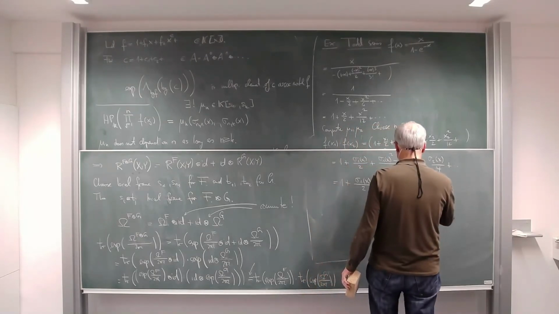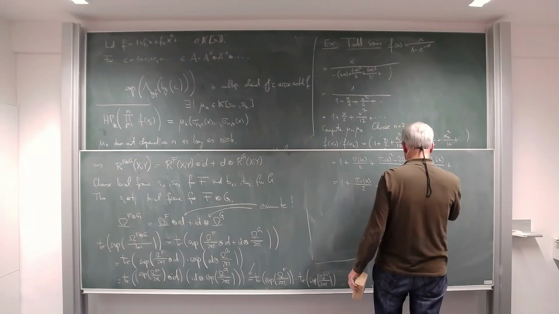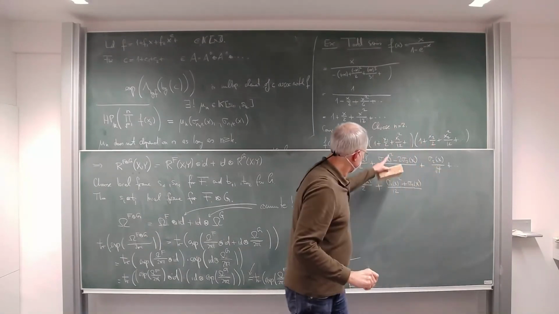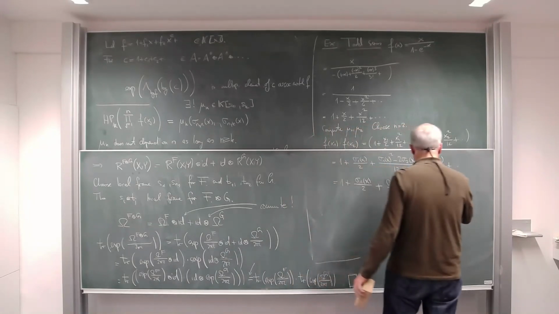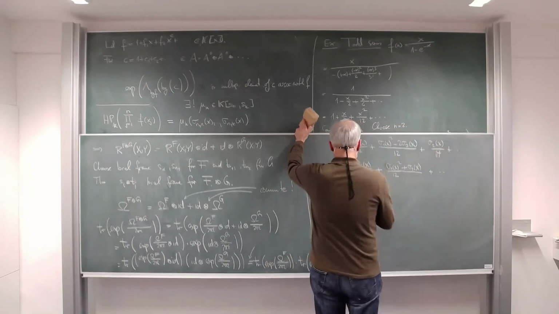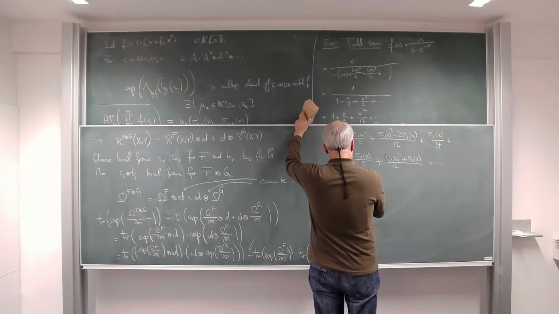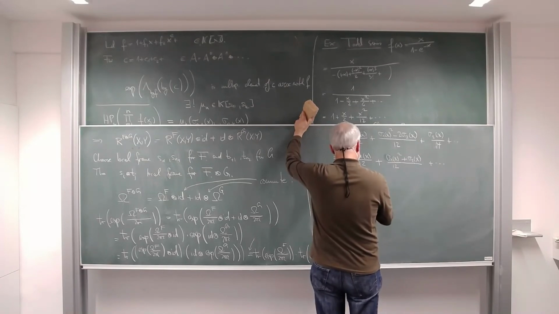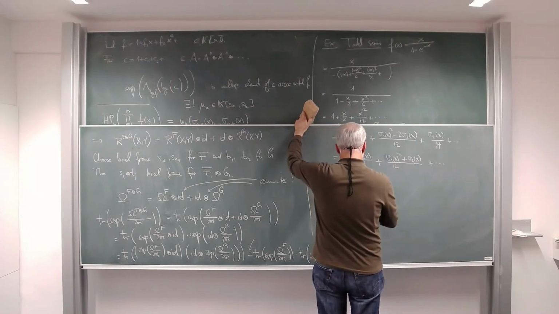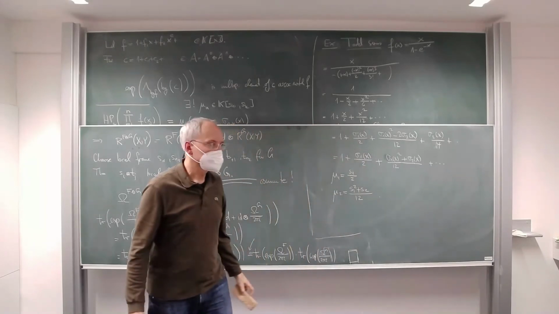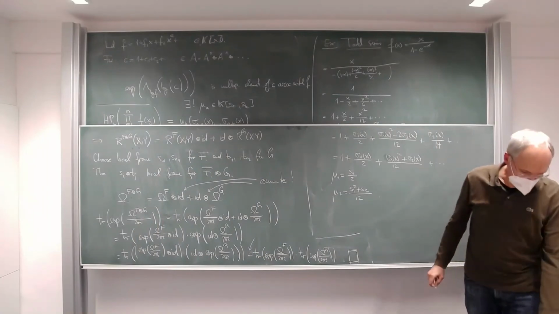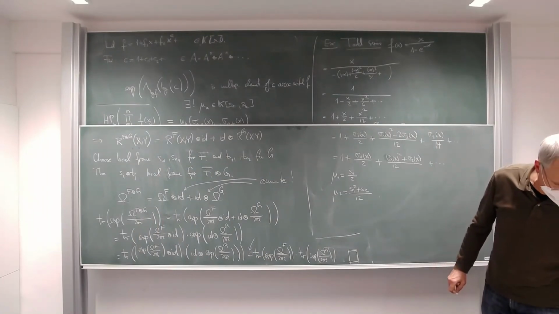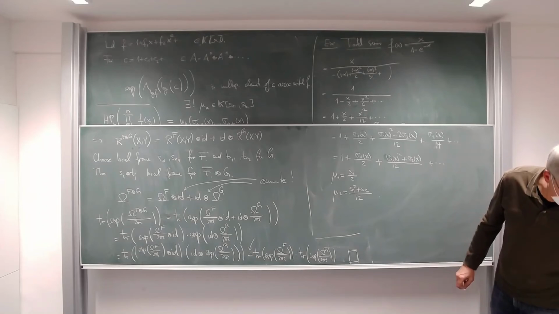So then this would be plus sigma 2 of x, minus 2 plus 3 makes 1, plus higher order terms. So that means mu1 is s1 on 2 and mu2 is s1 squared plus s2 on 12. Check, looks good. So that's the multiplicative sequence for the Todd series.